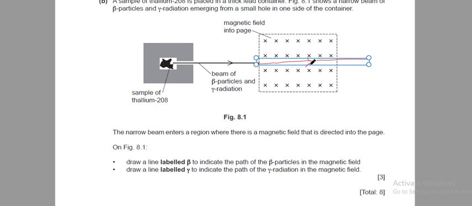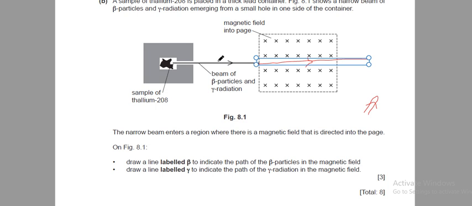You should remember Fleming's left hand rule, where the first finger goes in the direction of the field, and the field here is into the page. So here is the direction of the first finger, and the second finger goes in the direction of current, and the direction of current is the opposite of the direction of electrons.